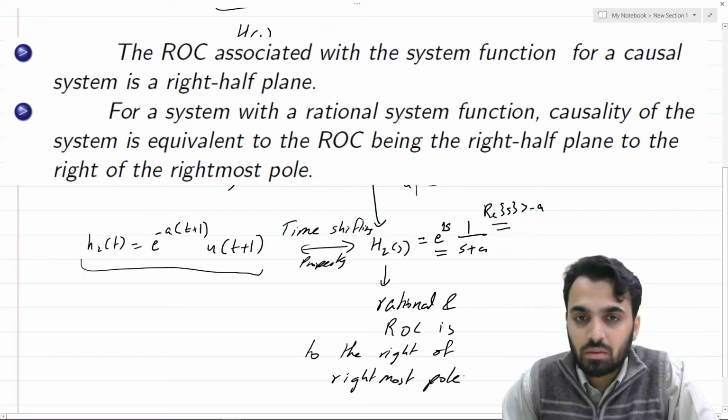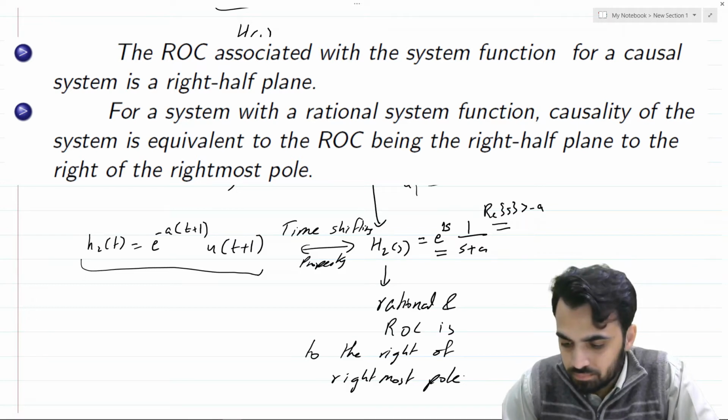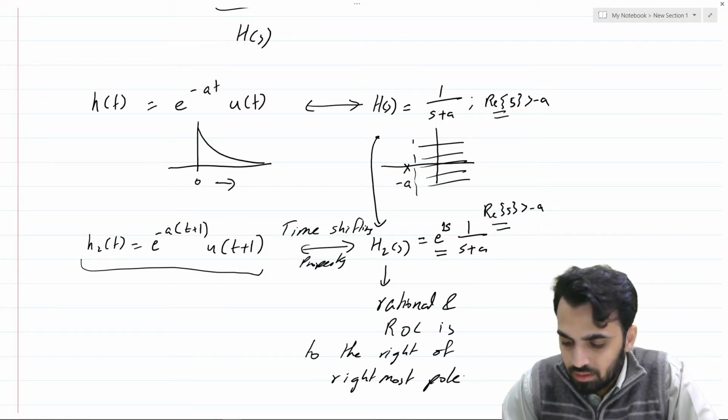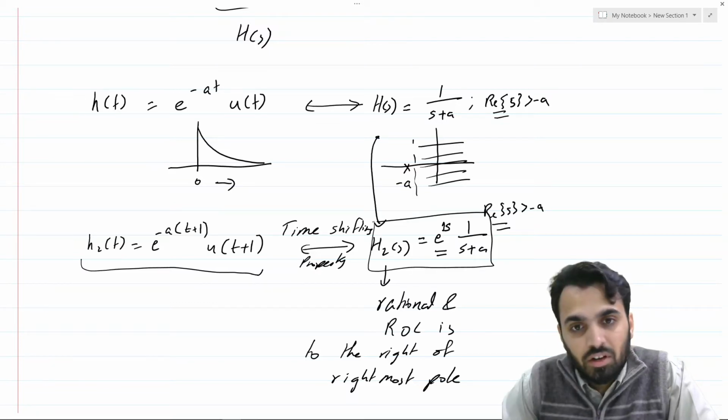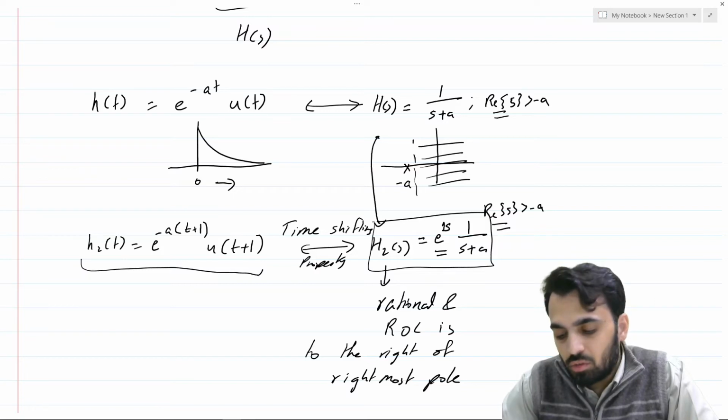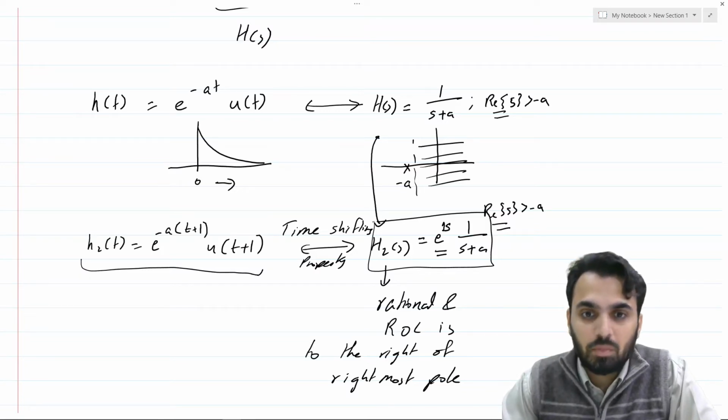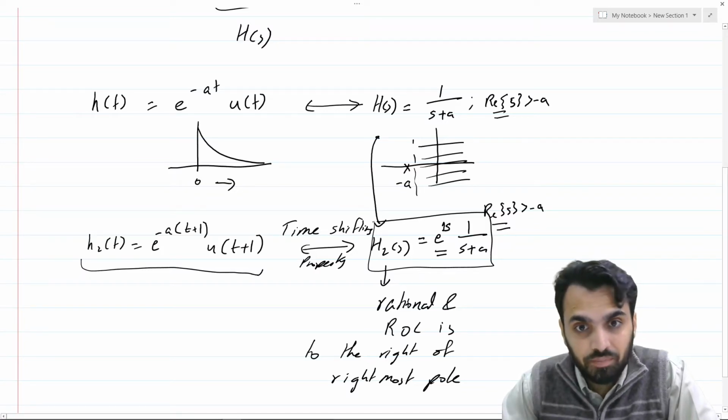Otherwise it is not causal. Since this is not a rational function, since in the denominator we do have a polynomial form, but in the numerator it is not in a standard polynomial form, this is not a rational function.